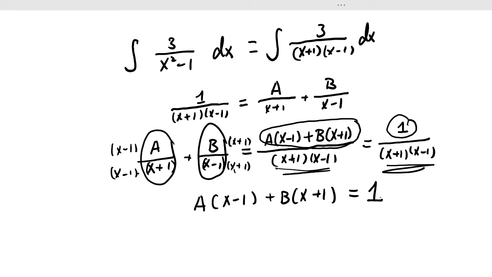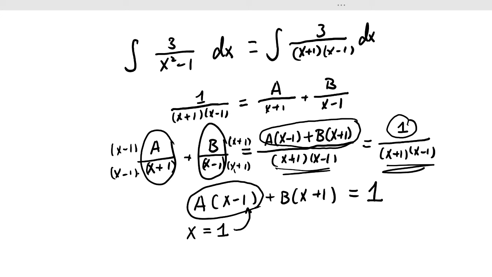So the idea is we assign a value for x to see if I can eliminate two variables. If I assign the best number, let's see, I assign x equals 1. Why are we doing that? Because I can make this a 0 and eliminate this whole thing, because when x equals 1, 1 minus 1 is 0, and A times 0 is 0.